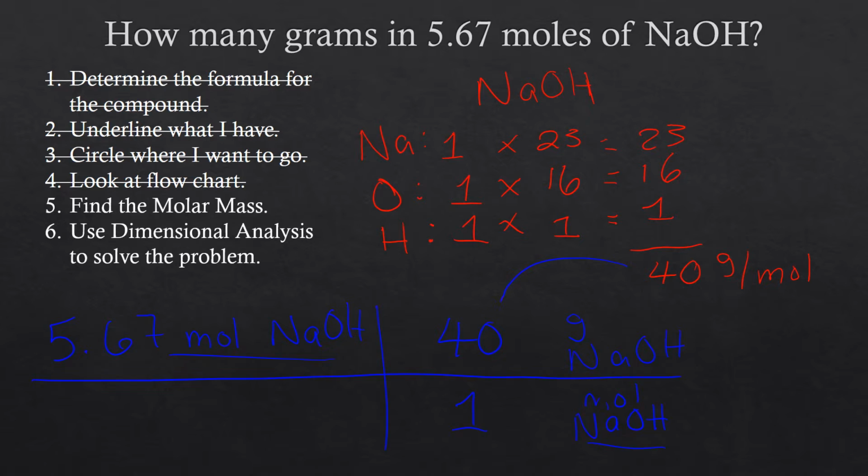So I use the conversion factor here that I calculated using the molar mass. And then I just multiply across. So 5.67 times 40 gives me 226.8 grams of NaOH. And that's my answer.